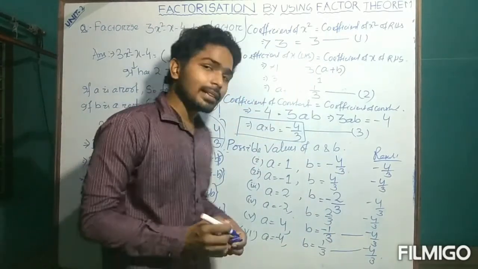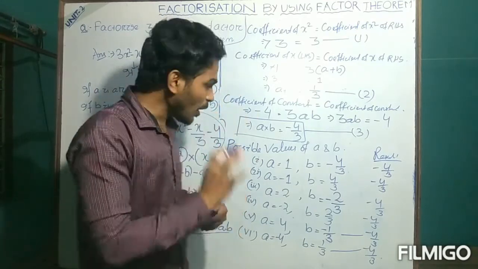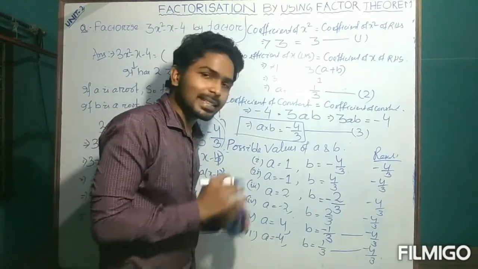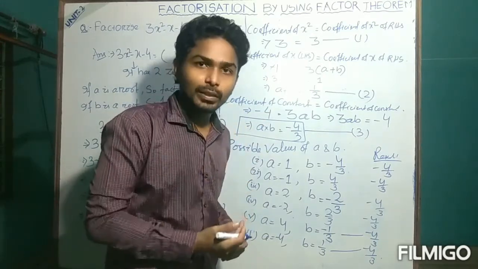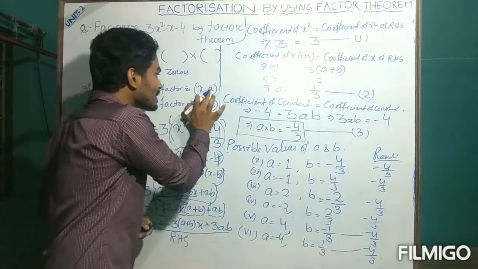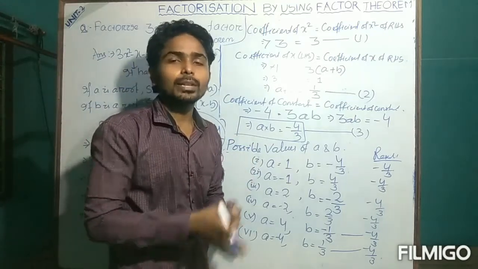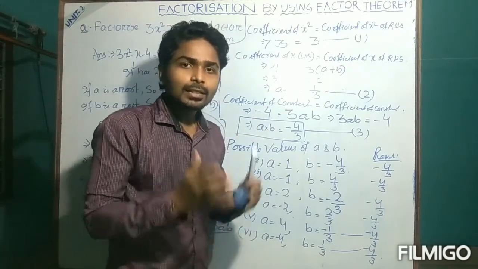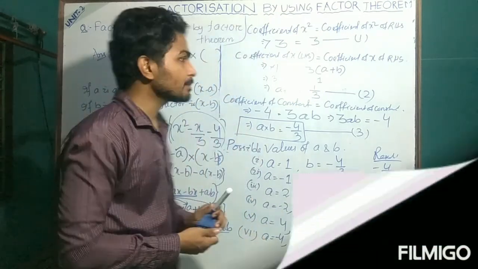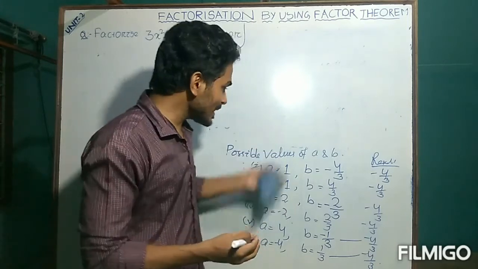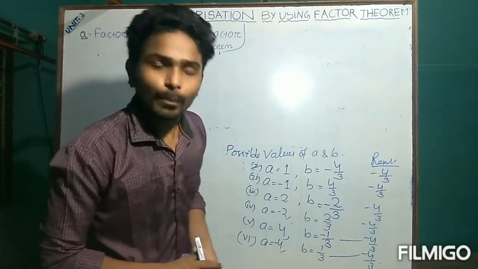So these are the 6 assumptions for the possible values of A and B. Now we will verify which 2 of these 6 assumptions hold good, so that we can put in the x minus a term and x minus b term and factorize the quadratic polynomial into 2 linear polynomials. Let us check which assumptions hold good for the quadratic polynomial.